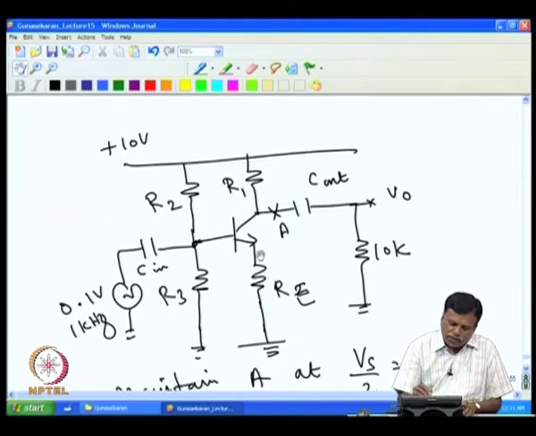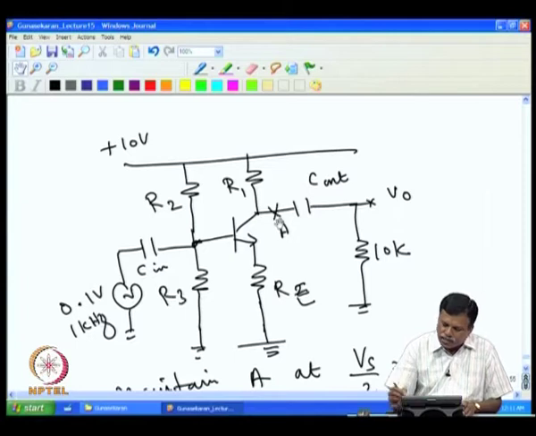Now, we know this is 100 ohms. That means we have to find out what will be the voltage at the emitter. The midpoint we have taken at 5 volt, because A is taken as 5 volt. That is our starting point. When there is no AC here, this point is at 5 volt and this is at 10 volt, so the voltage across R1 is 5 volt.